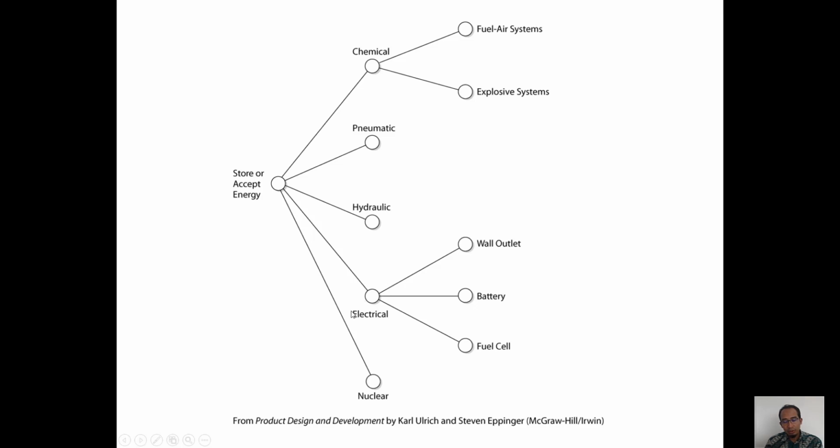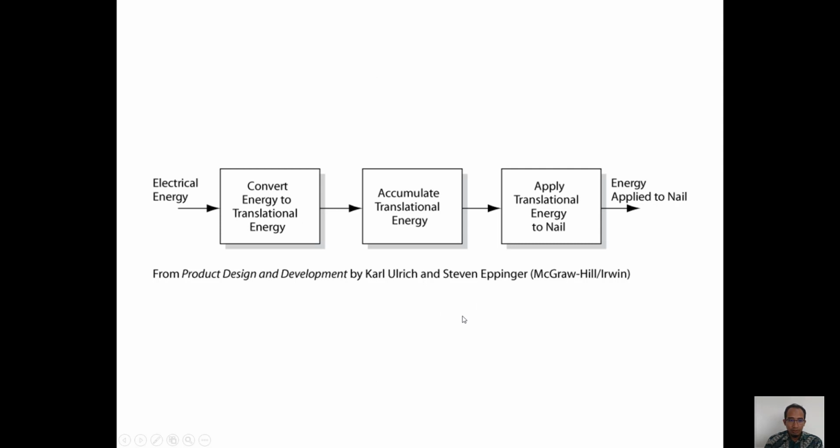And in the electrical ways of storing energy, we can have a wall outlet, battery, or fuel cell, for example. So in the electrical, if we focus on the electrical energy, we try to convert energy to translational energy, accumulate translational energy, and apply that translational energy to the nail, and we will have energy applied to the nail.